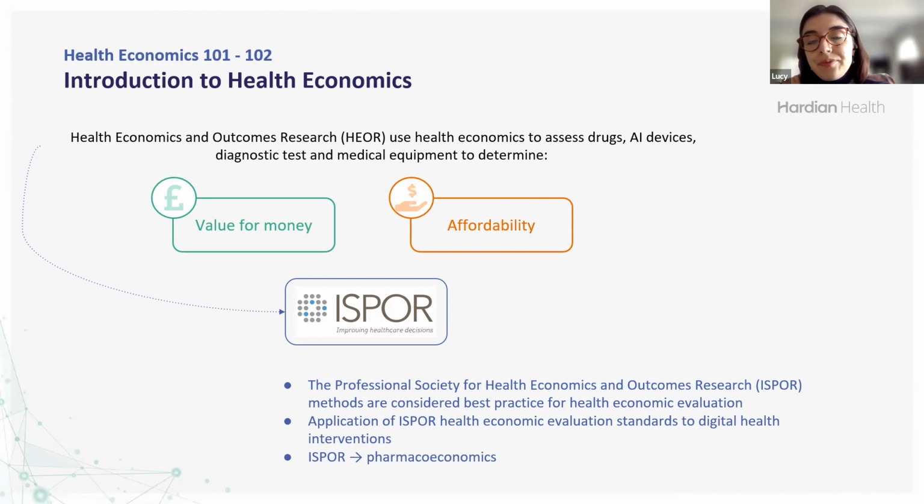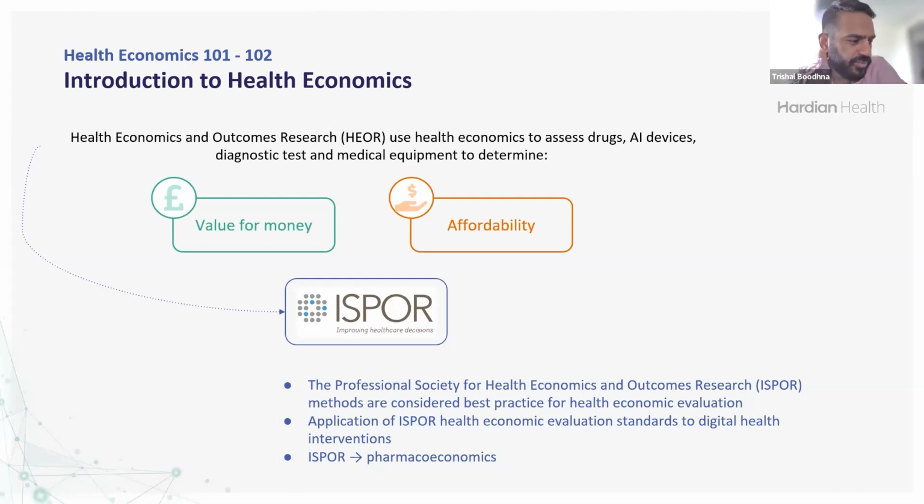And this is becoming problematic in places when it comes to applying the ISPOR methods to digital health technologies, because obviously the benefits that digital health technologies have to offer differ slightly to the benefits of pharmaceutical therapeutics.